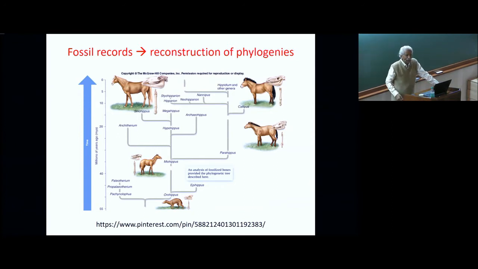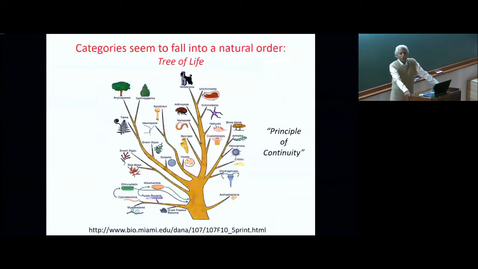So you can build patterns like this, and you notice already that in this pattern, without any theoretical underpinning, you see lines, and then you see branches, and then you see further lines and further branches, and so forth. The culmination of this kind of ordering and categorizing is what has come to be called the tree of life, which is an attempt to basically indicate every living form. Obviously, you can't do that.